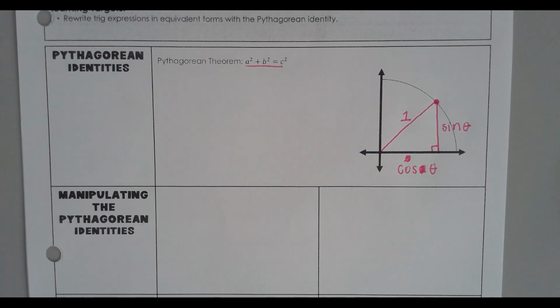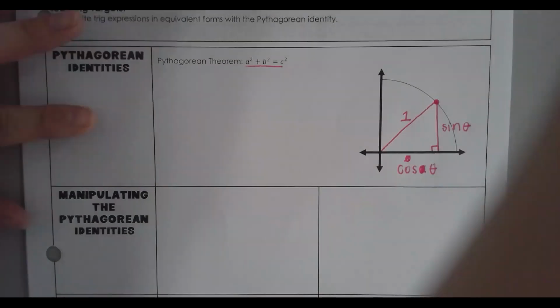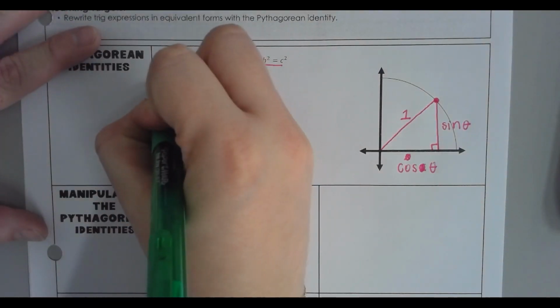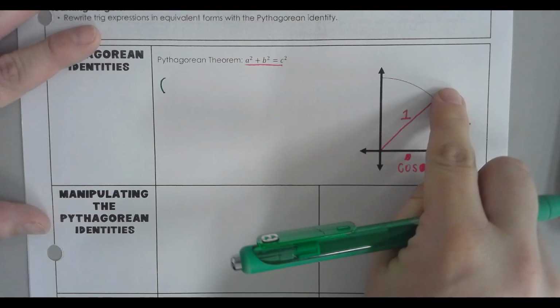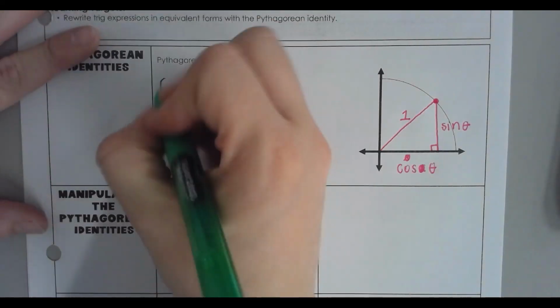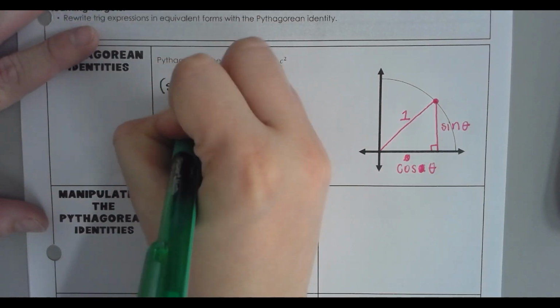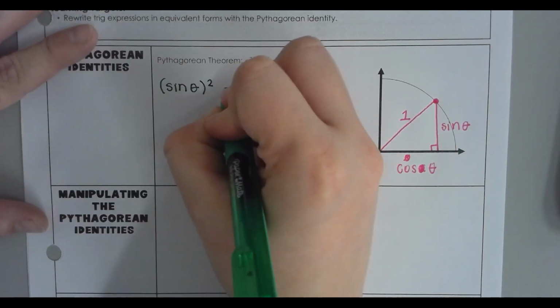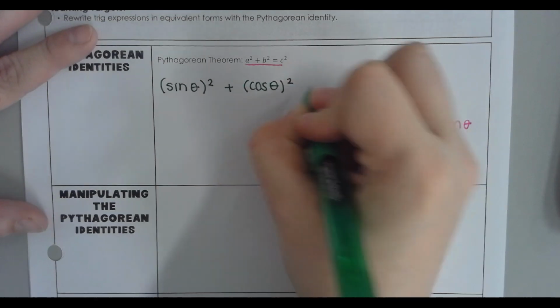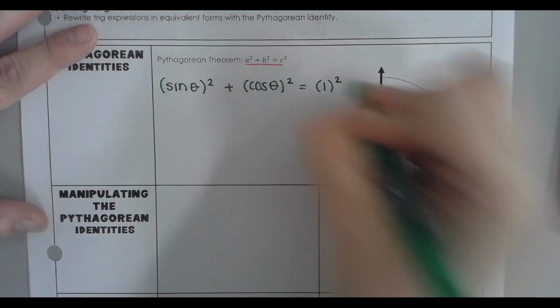So if we apply the Pythagorean theorem to this, the way these normally go is we do sine first, but it doesn't really matter. Sine of theta squared plus cosine theta squared equals 1 squared.